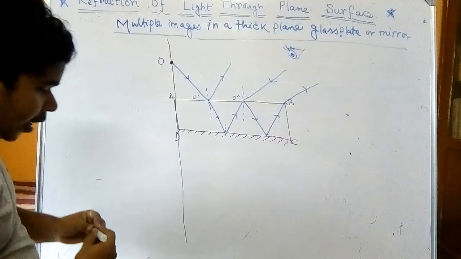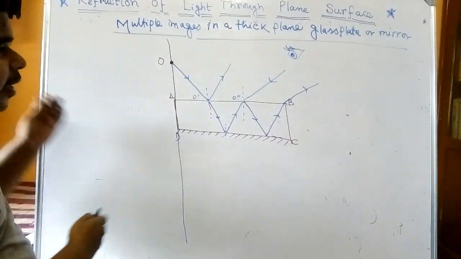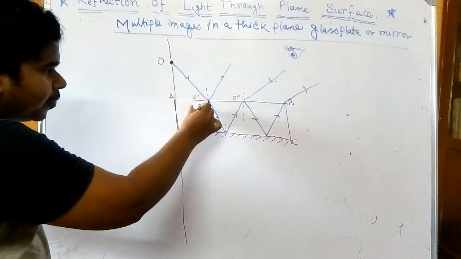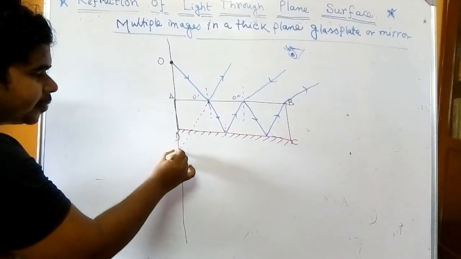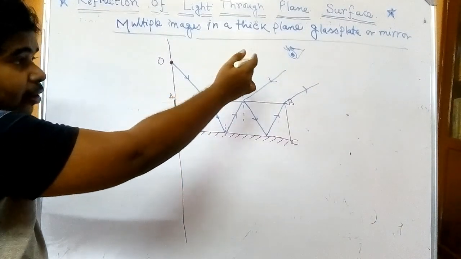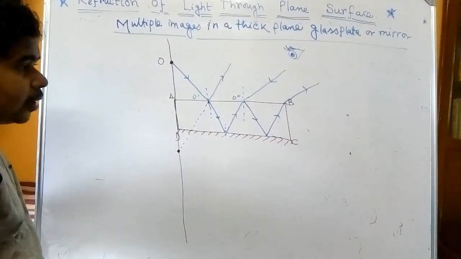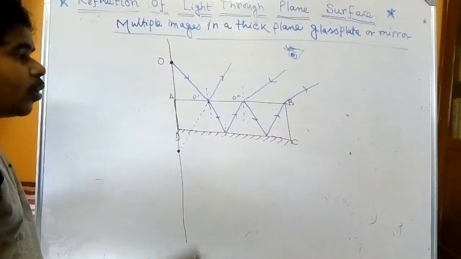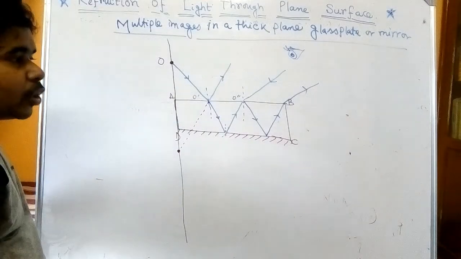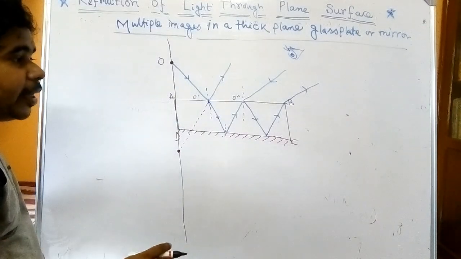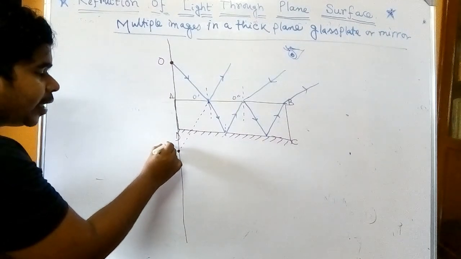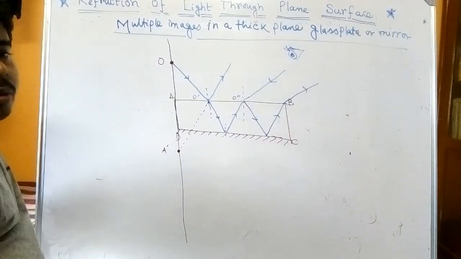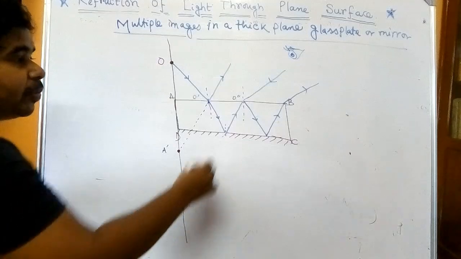Behind means if we extend the light ray by a dotted line, we will see one point here, because whenever we see by our eyes, the light always goes by a straight line, as we cannot see light in a bent path. So this point we take as A dash, and here we will see the first image.